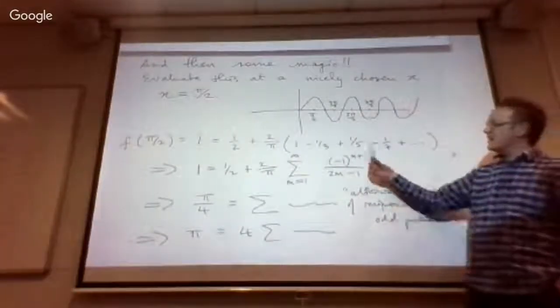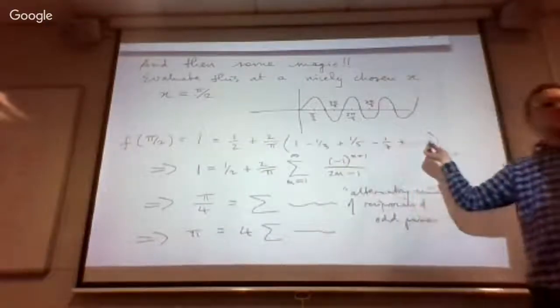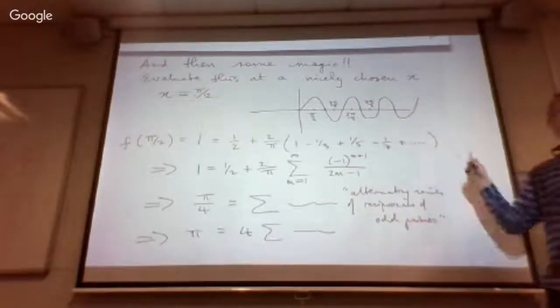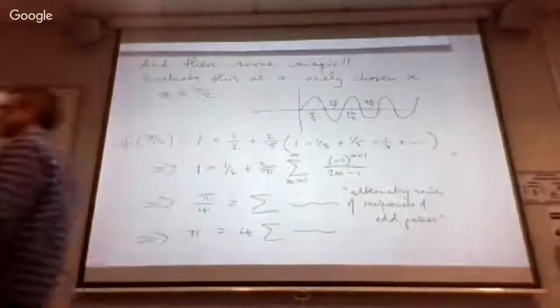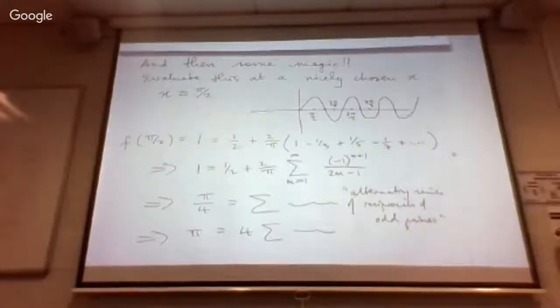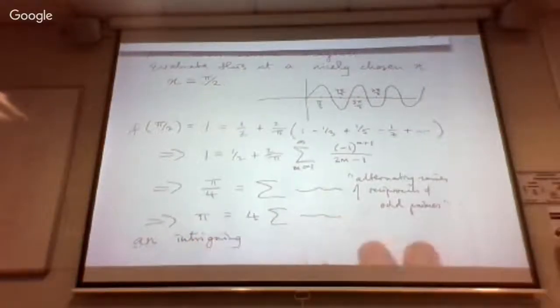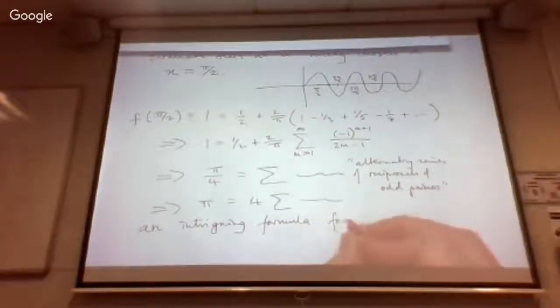It's not obvious or intuitive where the circles are, because we've got the alternating series of reciprocals of the odd numbers. So it's an intriguing formula for pi.